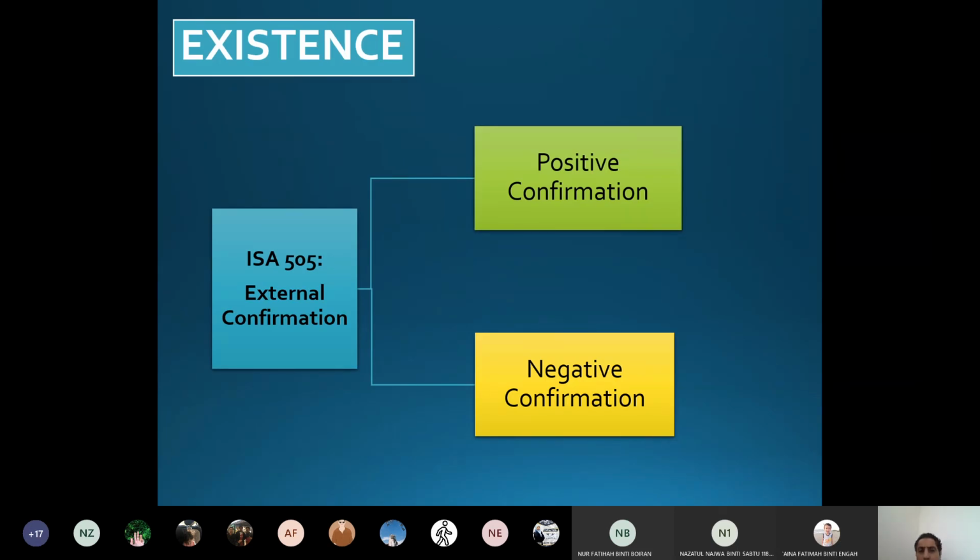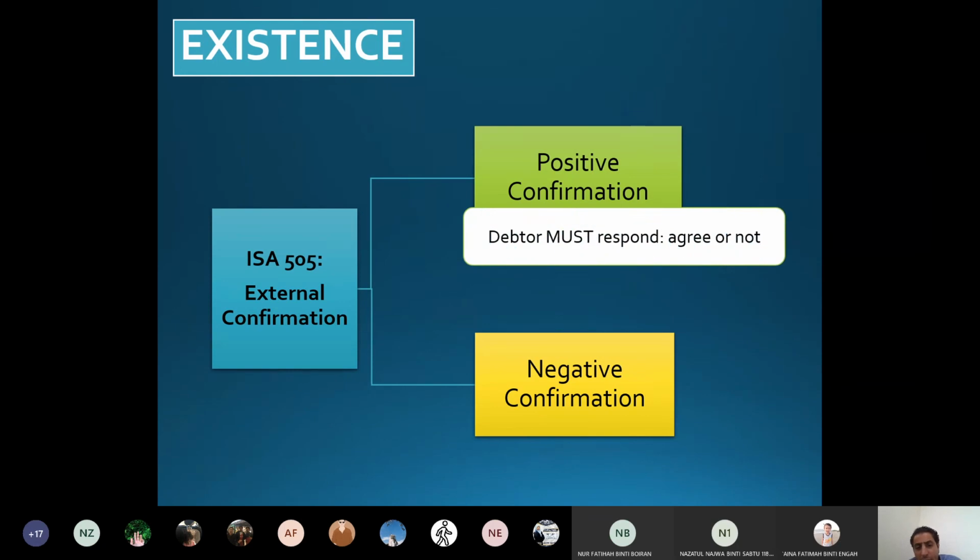So to check the existence, according to ISA 505, we have external confirmation techniques, as I mentioned in number 1 in the audit program for the account receivable. We have positive confirmation, we have negative confirmation. We need to understand that with positive confirmation, the debtors, the customers of the client, must respond, either agree or not.